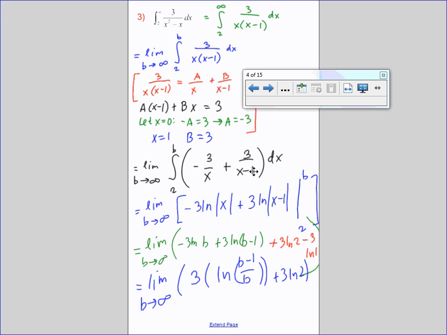And I'm going to let that ln 1 just go to 0 right now and be done with it. Yes? Okay. So now I consider this quotient. Well, as b goes to infinity, I get infinity minus 1 is still infinite over infinite is infinity over infinity, which again is indeterminate.